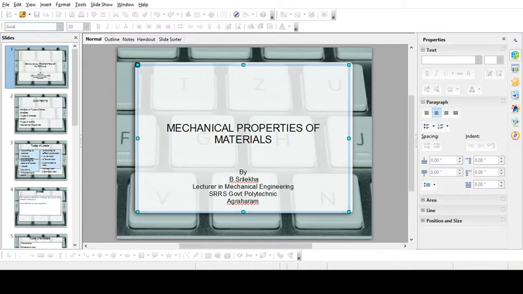This total resistance offered by that particular body per unit area of cross section is called induced stress, or simply stress. When a load is acting on a particular body, that body will try to overcome that load by showing certain resistance. This resistance is nothing but stress.